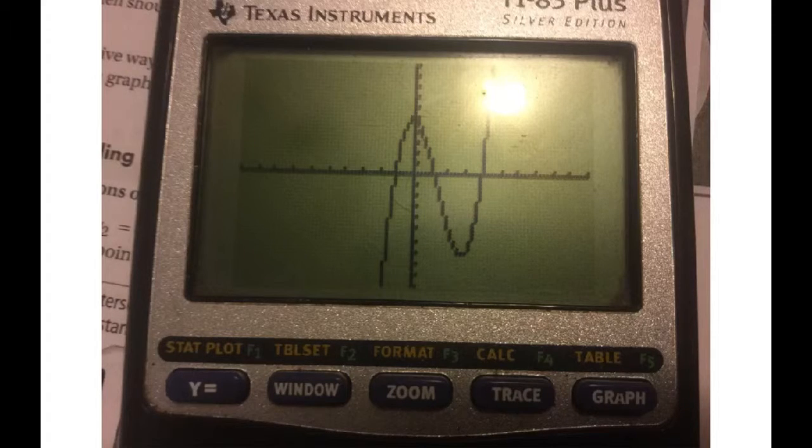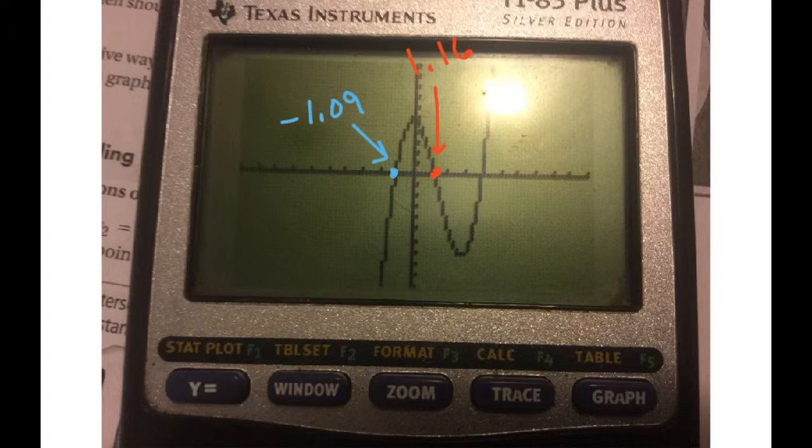When I do this the first time, it gives me this point, which is 1.16. When I go and do second trace, 5 again, I'm going to move my cursor close to this 0 before I hit enter 3 times, so that it tells me the answer is -1.09.